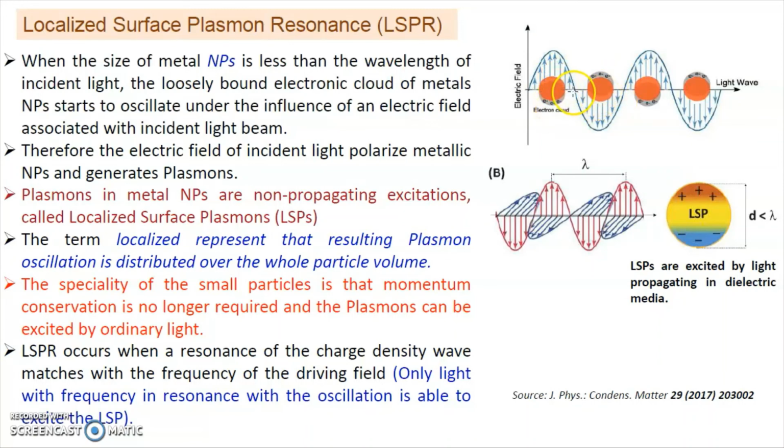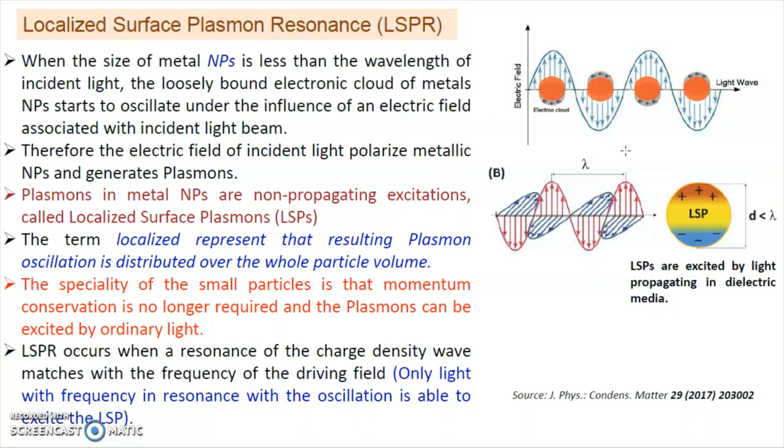When the electric field is in the downward direction, the free electron cloud, shown in gray color, goes in the upward direction. Because the size of the nanoparticle is less than the wavelength of the light, the whole cloud of electrons present in the metal nanoparticle starts to oscillate.